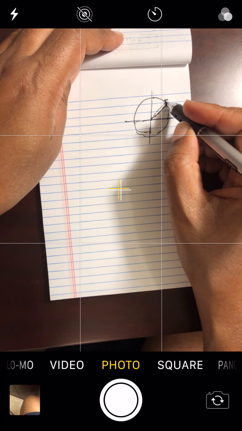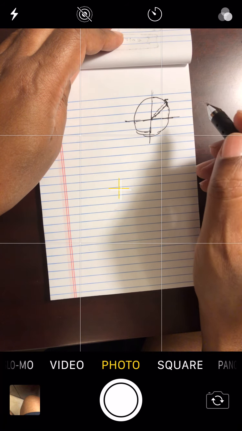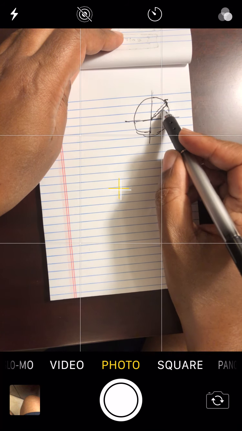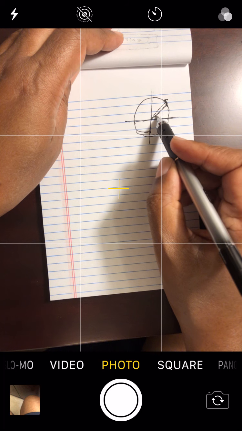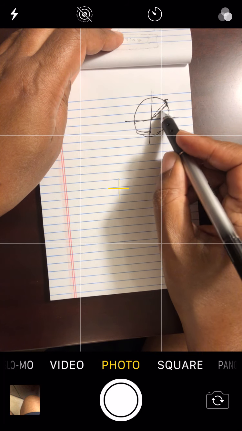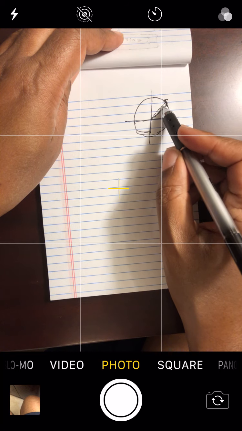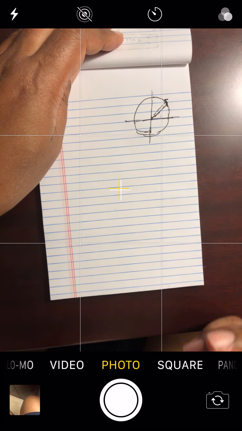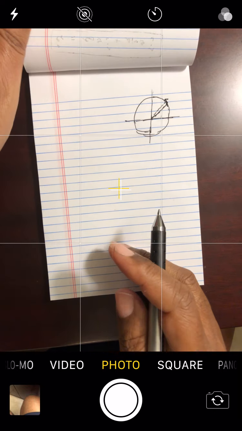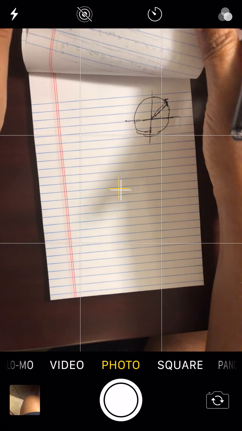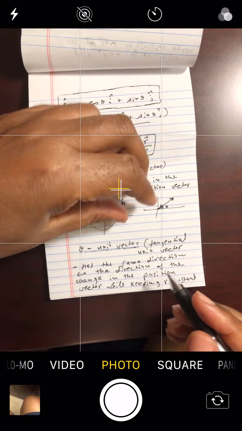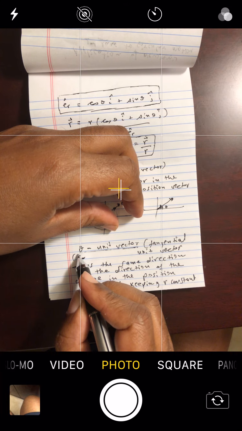So the direction of E theta is actually tangent to the circle. If you change this position vector without changing its magnitude, it can only go along the circular path. So this direction is going to be tangent to the circle. This tangential unit vector, I'm going to use E theta to represent it.